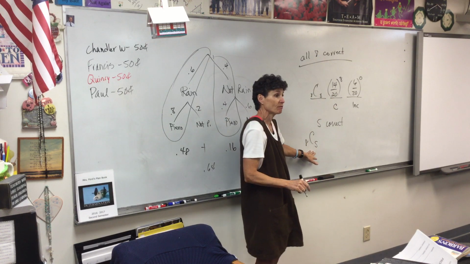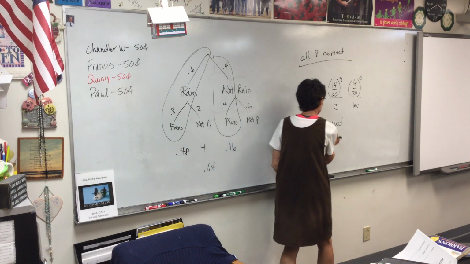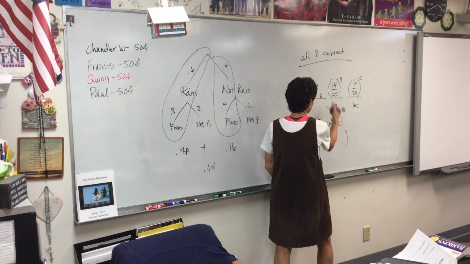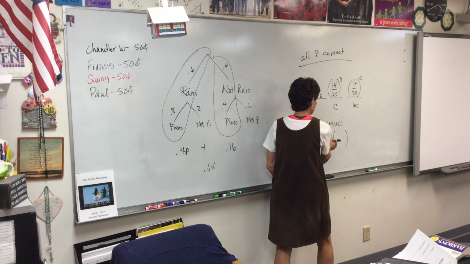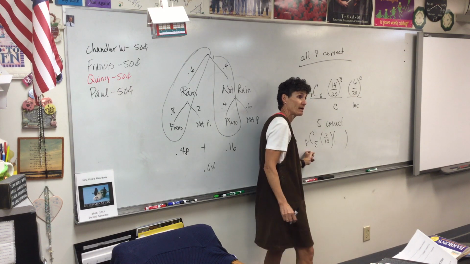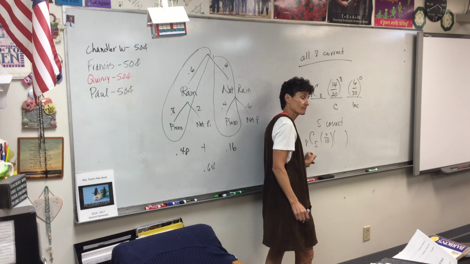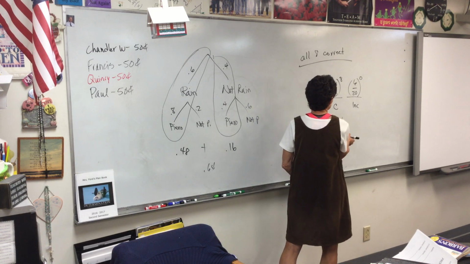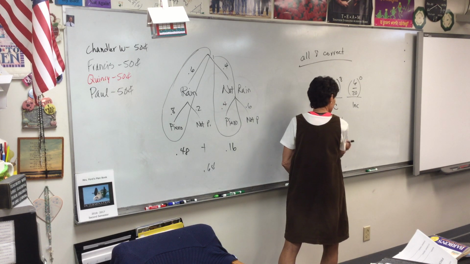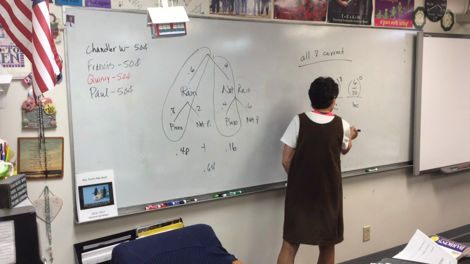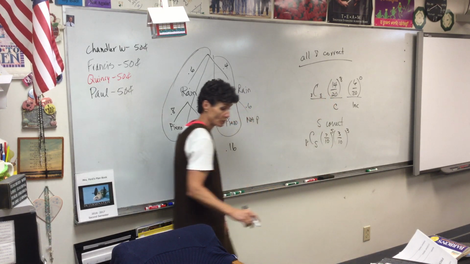You want 8 questions, 5 right. What's the probability of getting one right? 14 out of 20. I'm going to reduce that to 7/10 because I'm going to type this one into my calculator, and I'm going to use 0.7. And then the probability of getting it wrong is 3/10. And I want 5 of these and 3 of these because there's 8 questions altogether.